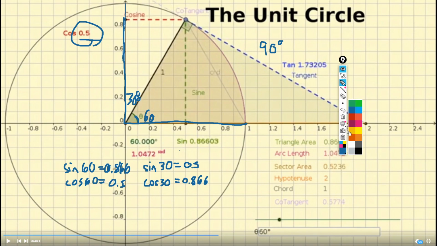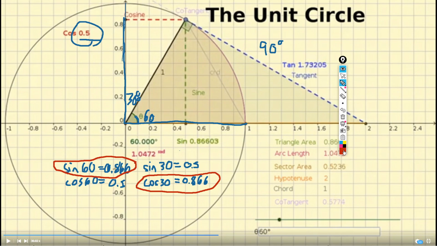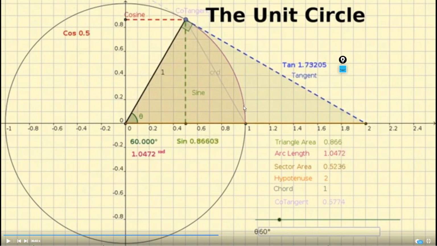Notice how these values are flipped. Pretty cool, huh? So it's even fewer things that you have to memorize.